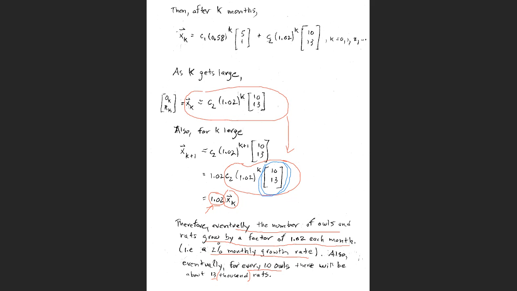Are we okay with this, that eventually, for every 10 owls, there will be 13,000 rats based off of the eigenvector?